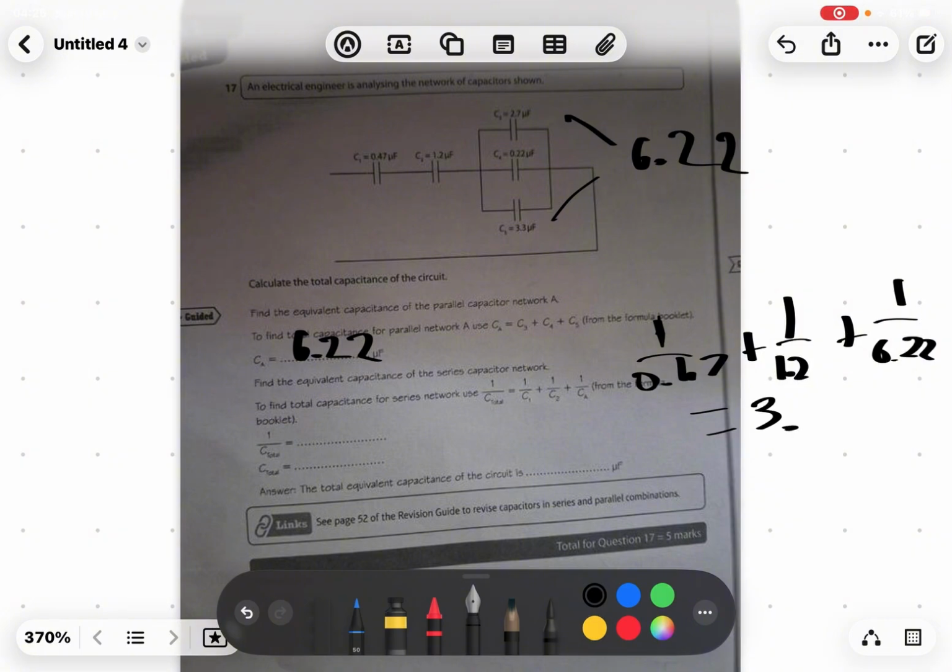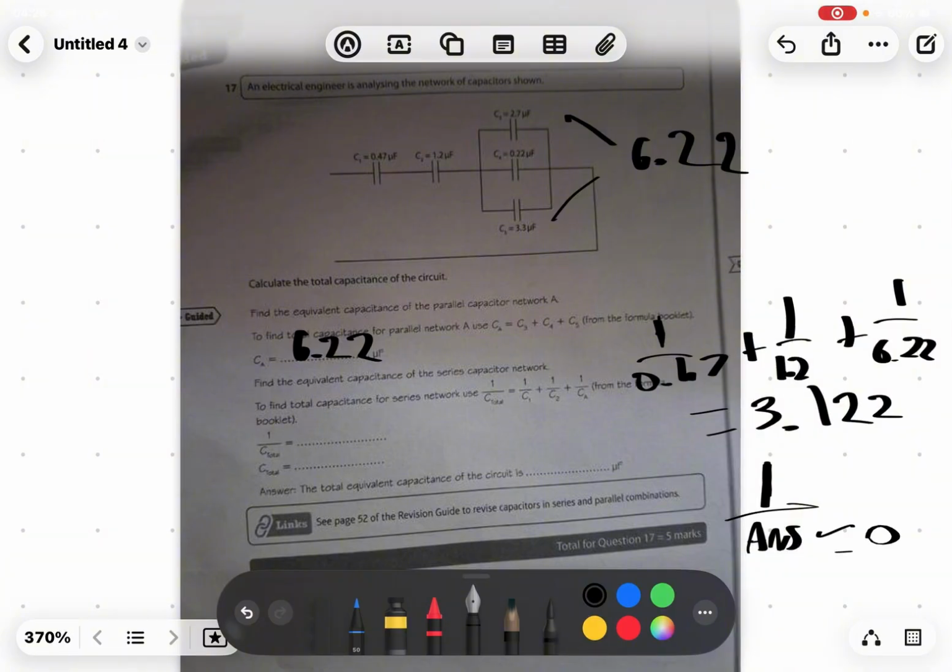Okay, basically, the answer to this is 3.122, and then we have to put 1 over the answer. I can't even spell answer. The answer here, and this over 1 is going to be, let me just quickly check. 1 over 3.122.